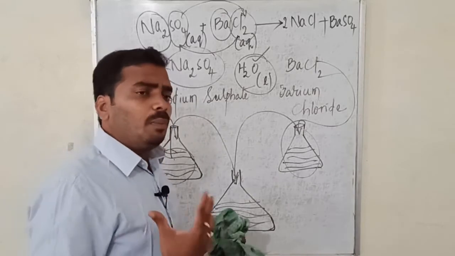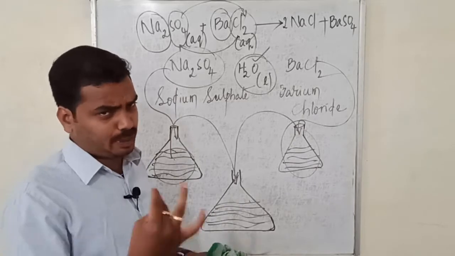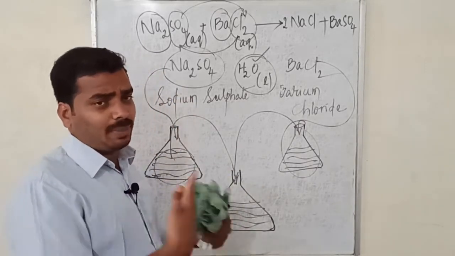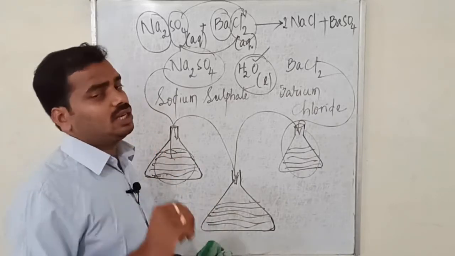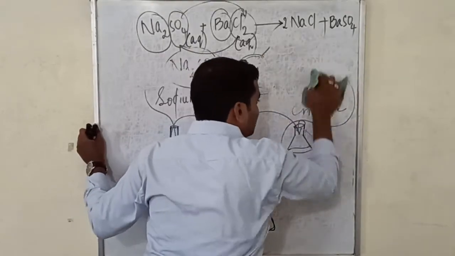Displacing means removing something and placing some other thing in that place. That is called displacing. So here two radicals displaced their places by some other radicals. That is the reason this particular reaction is called as double displacement reaction.